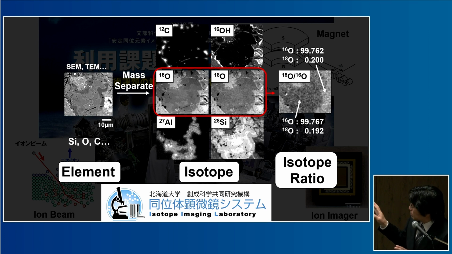The scale bar is 10 micron. This is a meteorite. With this machine, we can separate the masses individually by magnet. Then, if we make an isotope ratio image, we can distinguish the isotopic ratio difference at this level.